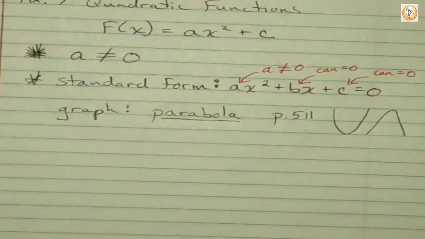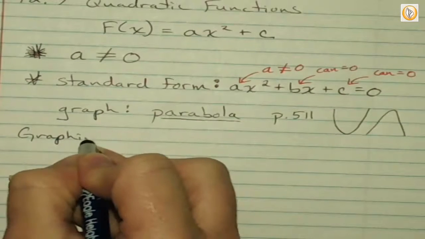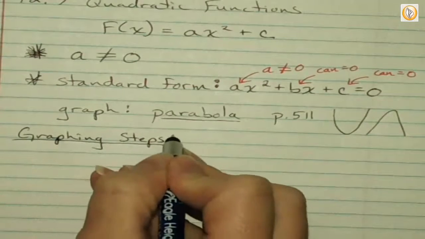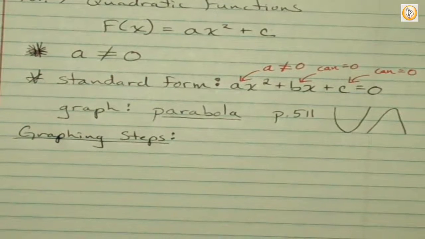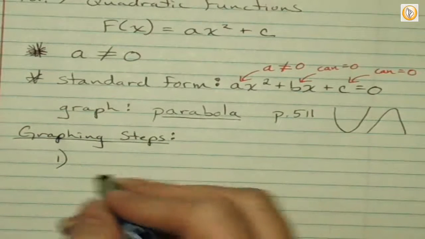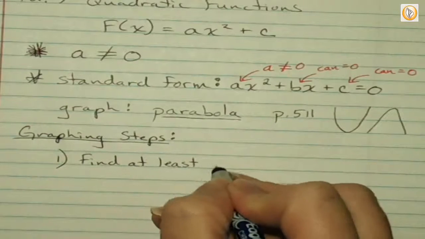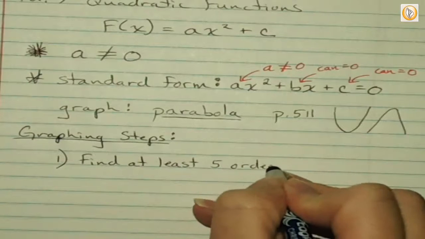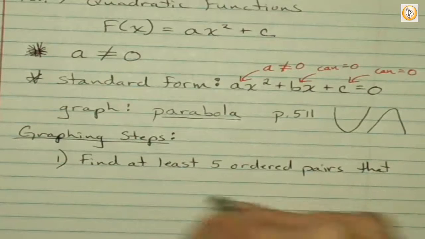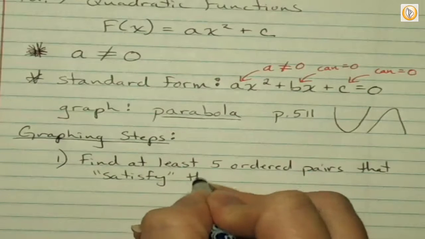So we're going to talk about graphing steps. And guys, this is almost like a refresher course, because you've already done this kind of stuff before. You're going to find at least 5 ordered pairs that satisfy the function.